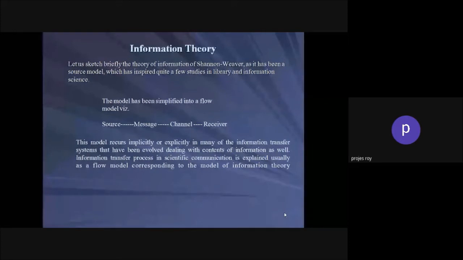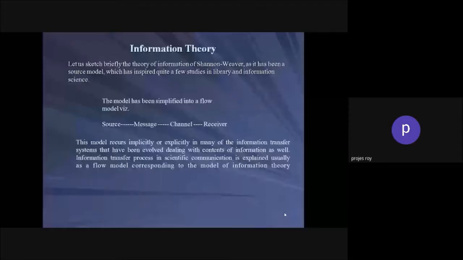This model recurs implicitly or explicitly in many of the information transfer systems that have evolved, dealing with the content of information as well. The information transfer process in scientific communication is usually explained as a flow model corresponding to the model of information theory.